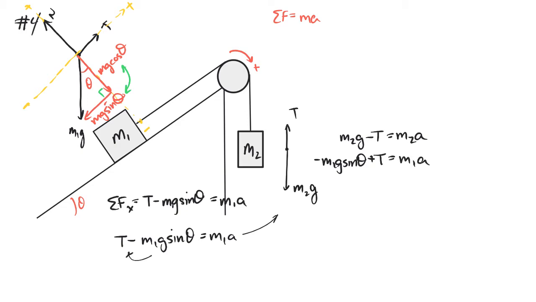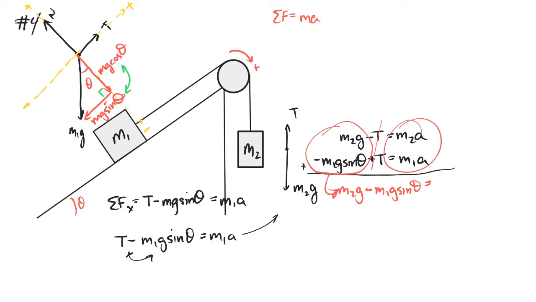Just flip the order, so that I can add those things together. First thing I'll point out is I get a positive T and a negative T, so those get wiped away. I'll have m2g minus m1g sine theta equals, so I've taken care of this side, put it there. I'm going to add together that side and get m1a plus m2a.